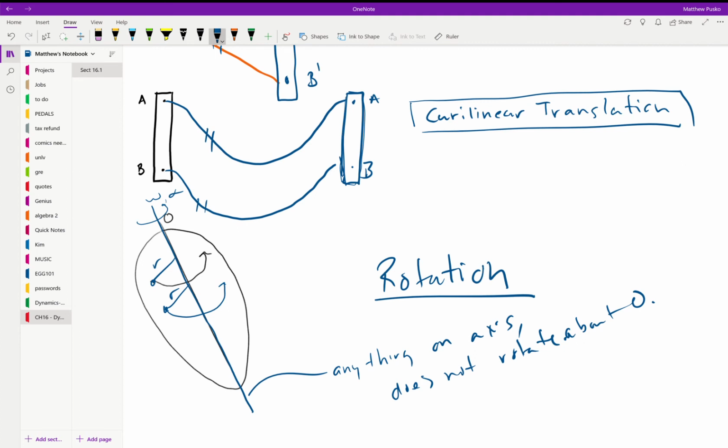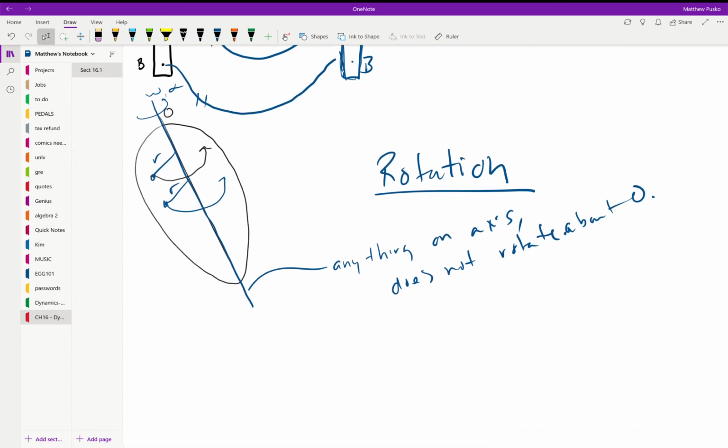Yes, it is turning in place, but it has no radius, and it's not going to contribute to anything like momentum or energy. Just the mass that's out here on the edge, like further away, right? It has to be some infinitesimal distance dr away from O to have some contribution.